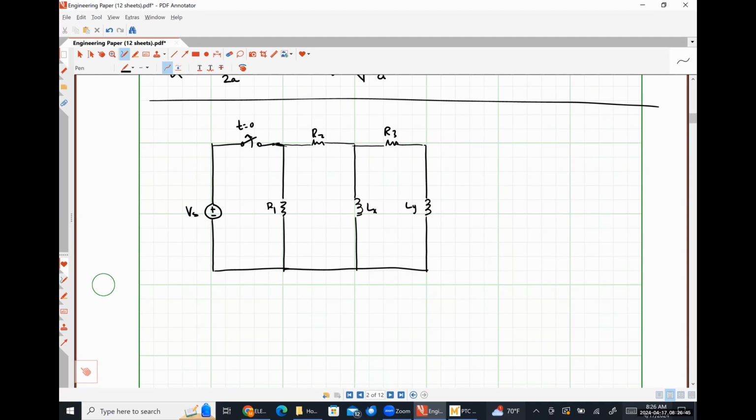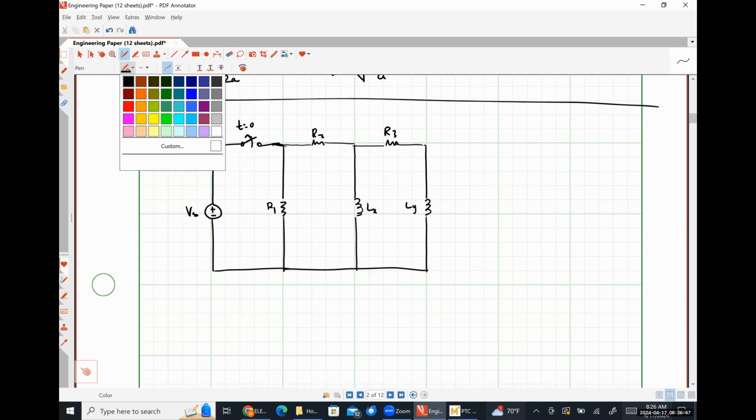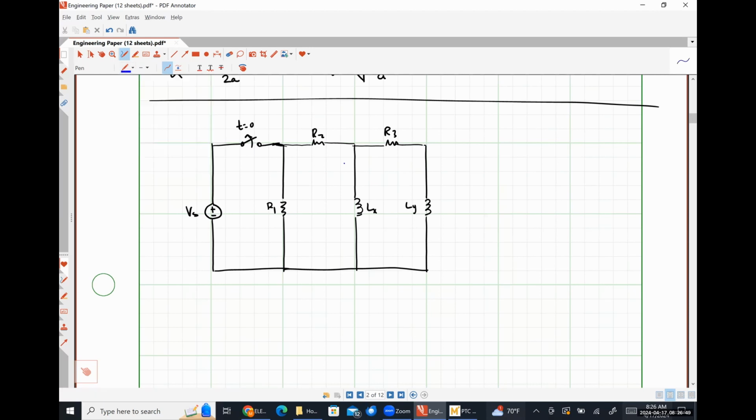Okay, so now let's define some things. This will be my current, I'm just going to call it I1. And this will be my voltage V1. I just don't want to spend a lot of time writing extra subscripts when I can define it however I want.